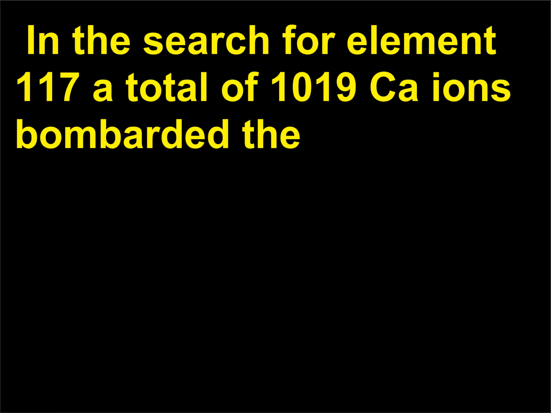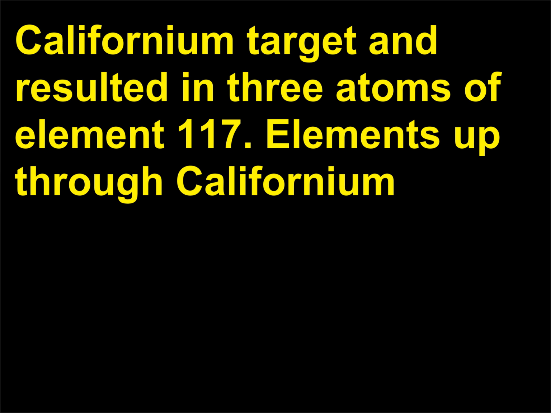In the search for element 117, a total of 10^19 Ca ions bombarded the Californium target and resulted in 3 atoms of element 117. Elements up through Californium, 98, have been produced in milligram or gram quantities.